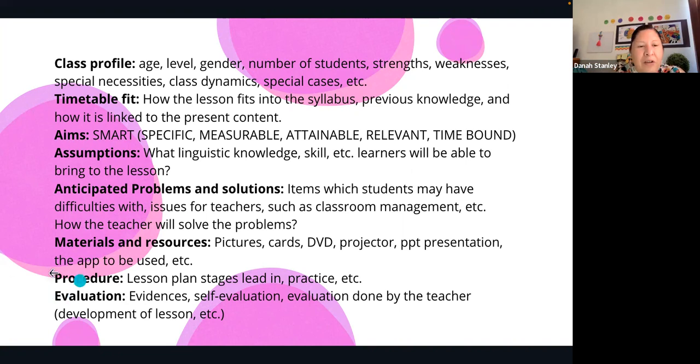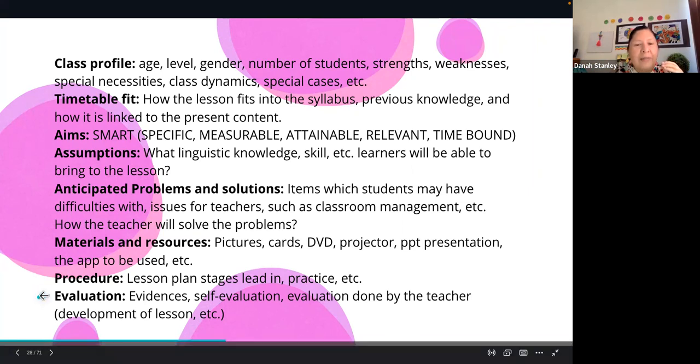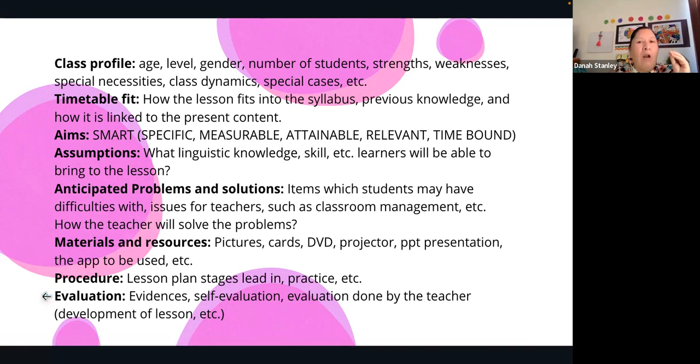And in the procedure, we are going to have different elements. And always, always, always have an evaluation activity. Remember, evaluation can be just observing and judging, deciding if you can carry on or if you need to go back, reteach something, polish something, and then continue with the topic.